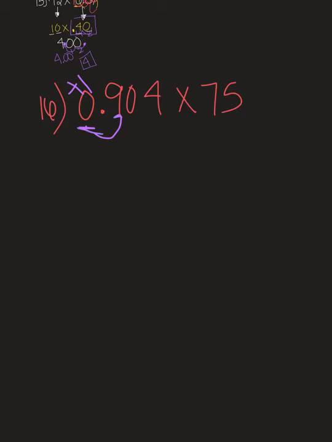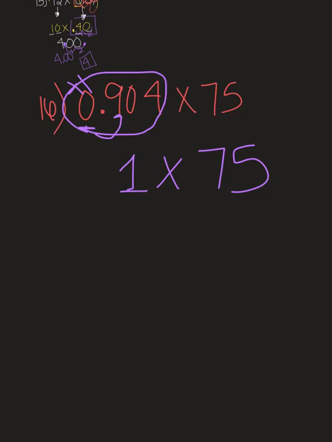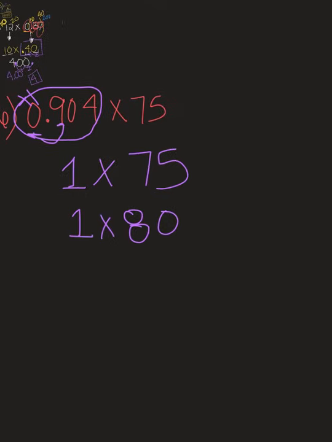That's why 904 thousandths would round to 1, because it's very close to 1. And then we would multiply that times 75, because there's no need to round 75 if we're multiplying times 1. I mean, we could round it to 80, and since we're estimating, we would get about the same answer, about 75 or about 80. So that would be that one.